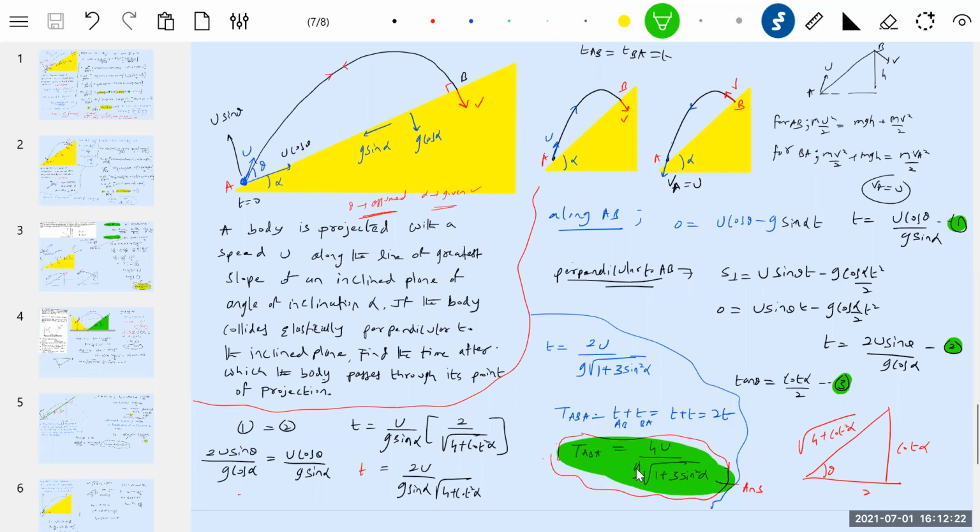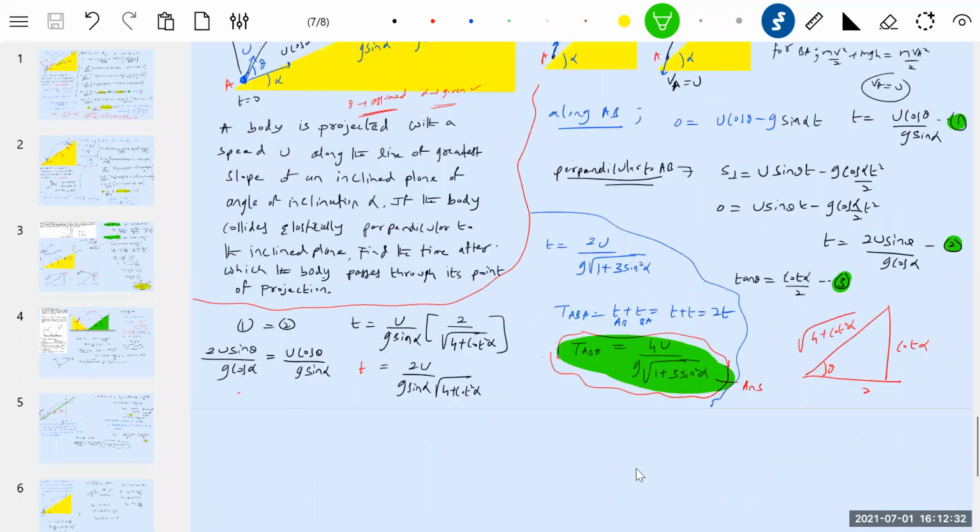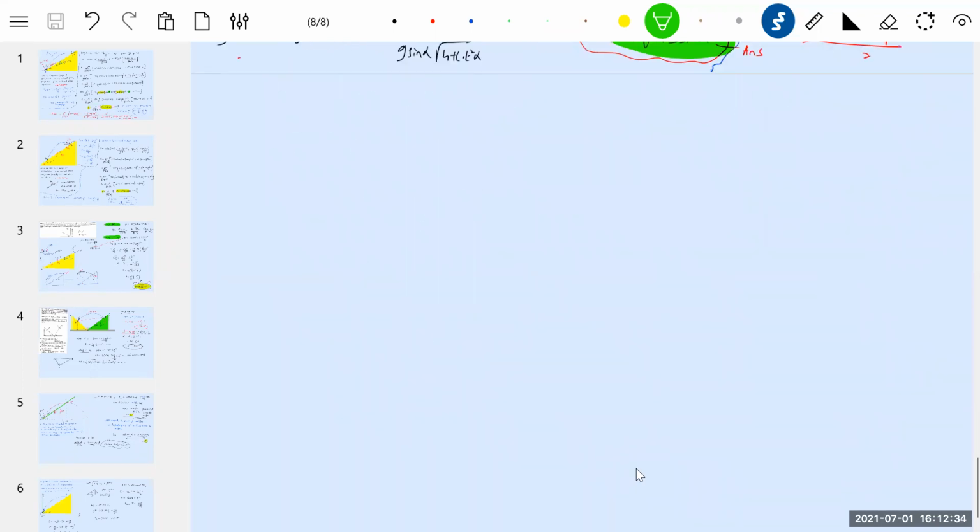Completed. We'll have one more problem. One more problem, we'll go for it. I think I can draw the diagram first.